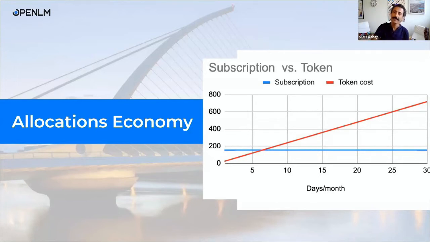I wrote token, it should be Autodesk Flex. In the chart, the blue line represents subscription. I chose a package, it doesn't matter which, and it's about $155 per month. This is a permanent cost.